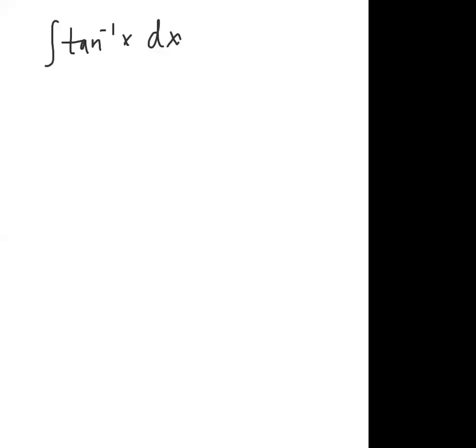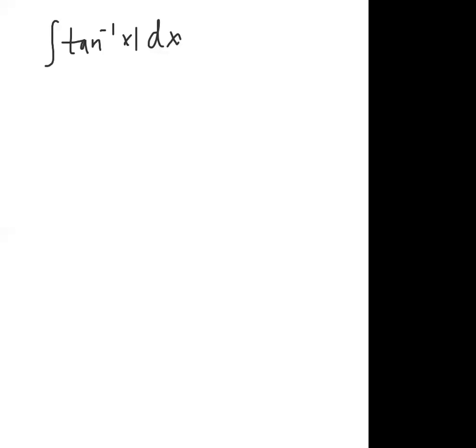We know its derivative, but its integral I do not know. So one thing is I can take it into 1. Another thing is I can suppose tan inverse x as t, so x will become tan t. Whichever you find better, you could go like that. So I'm taking into 1.